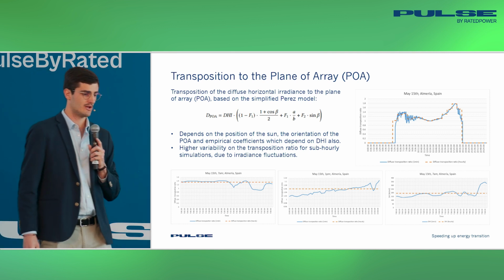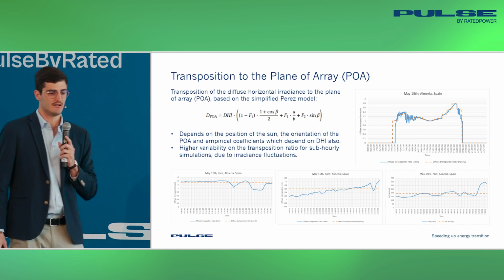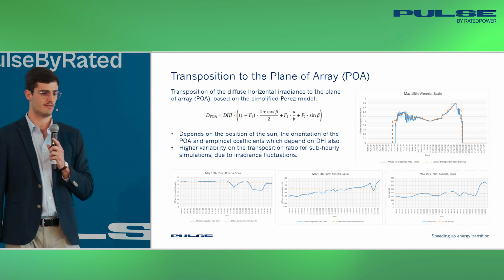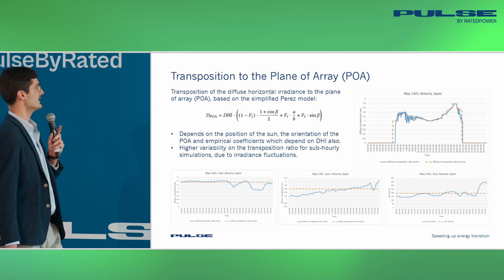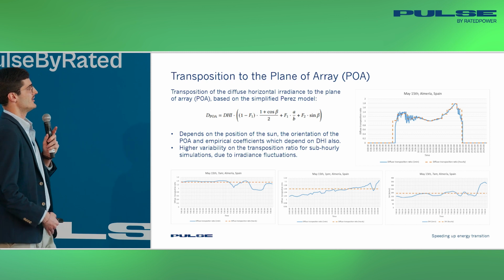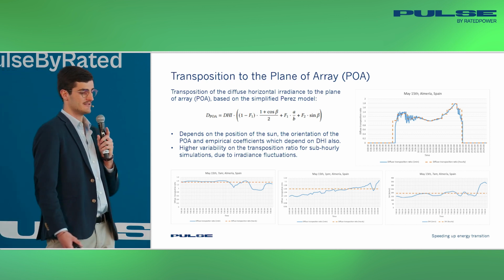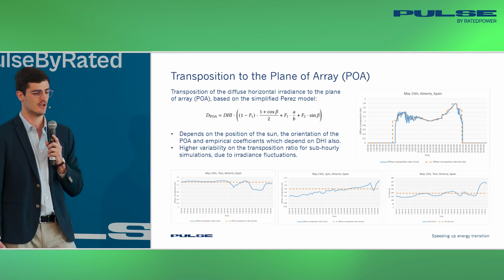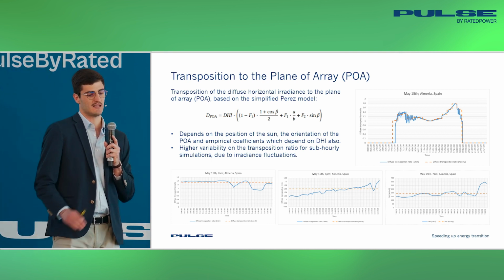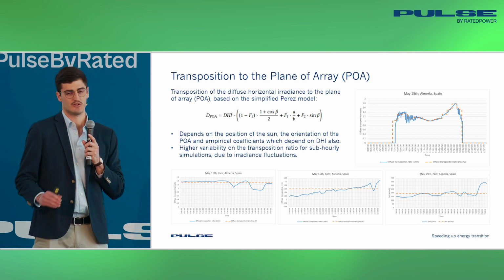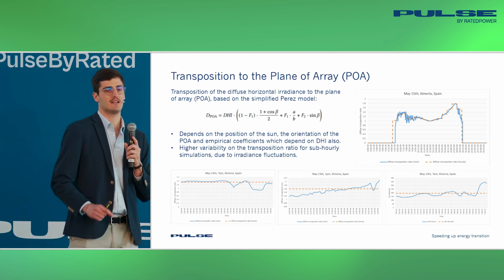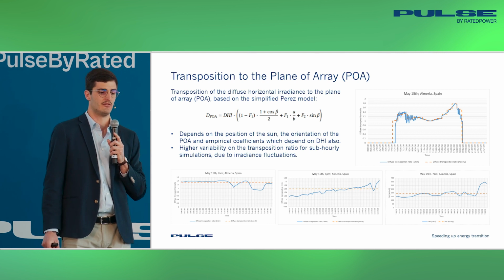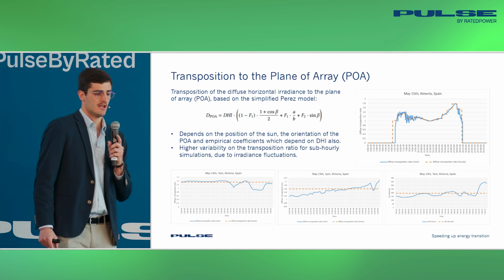Then when going to the diffuse component, the equations that we use follow the idea of the simplified Perez model. We have more parameters to consider here. This is an empirical equation which will depend on the sun position and on the orientation of the plane of array, but in addition on some coefficients which depend on the diffuse horizontal irradiance.